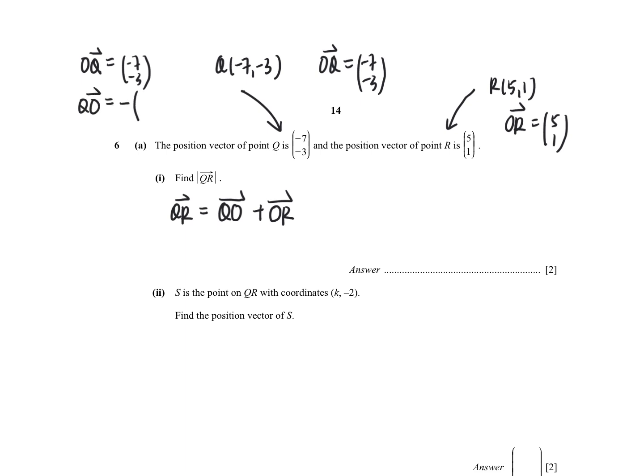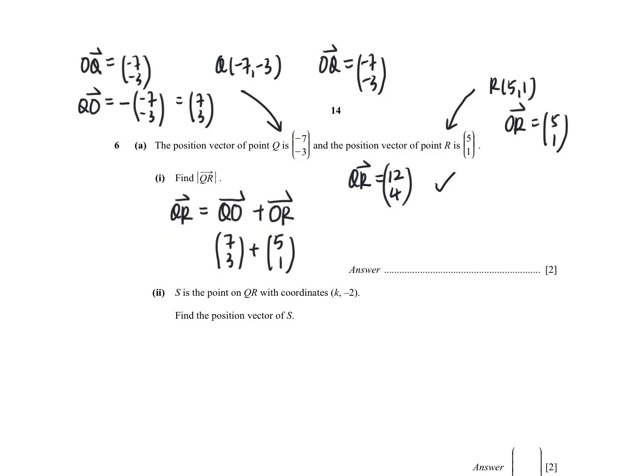QO is negative of OQ. So this one changed to 7, 3. So I must change this to 7, 3. And then OR is 5, 1. So put them together, you get 12, 4. So once you get this, you get 1 mark, because you found the vector QR.